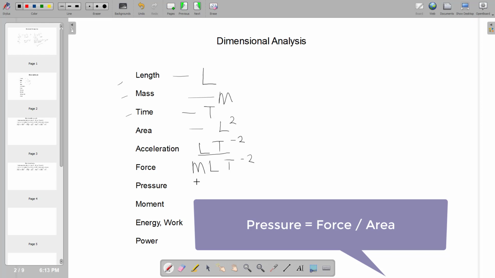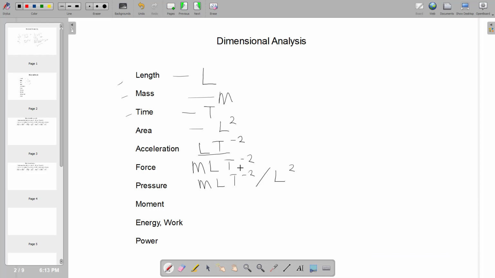So we have force here, ML per T squared, dividing some area, and we already have area to be L squared. Evaluating this, we just have L dividing L squared, we're going to have per L, or L to the power negative 1.